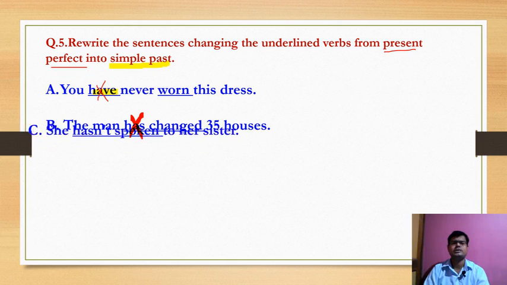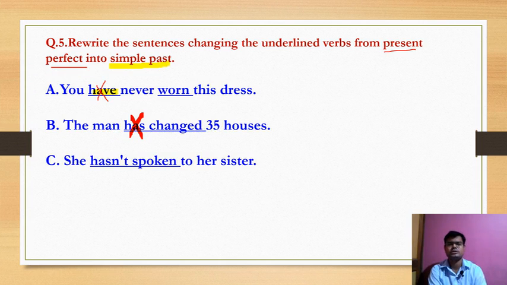Like you can see here, she hasn't spoken to her sister. Instead of has not, this will remain the same. So here, spoke. We want simple past tense.